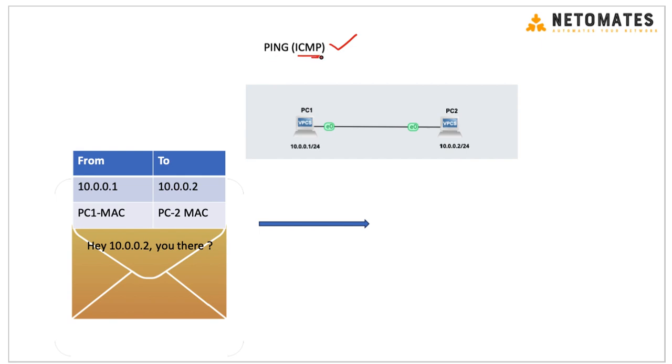This protocol is useful to test connectivity between two machines. If you want to test communication between PC1 and PC2, you just go to the PC1 command prompt and type ping 10.0.0.2.